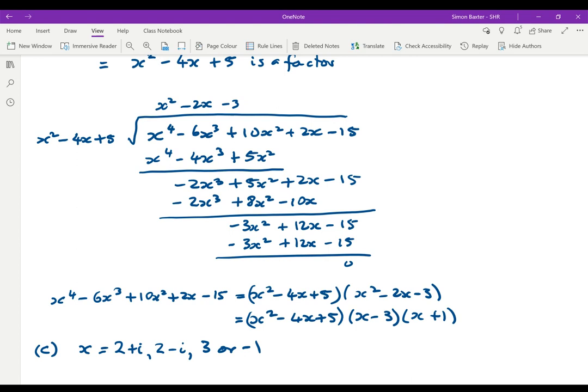This is all in your textbook, FP1, on pages 24 to 28.